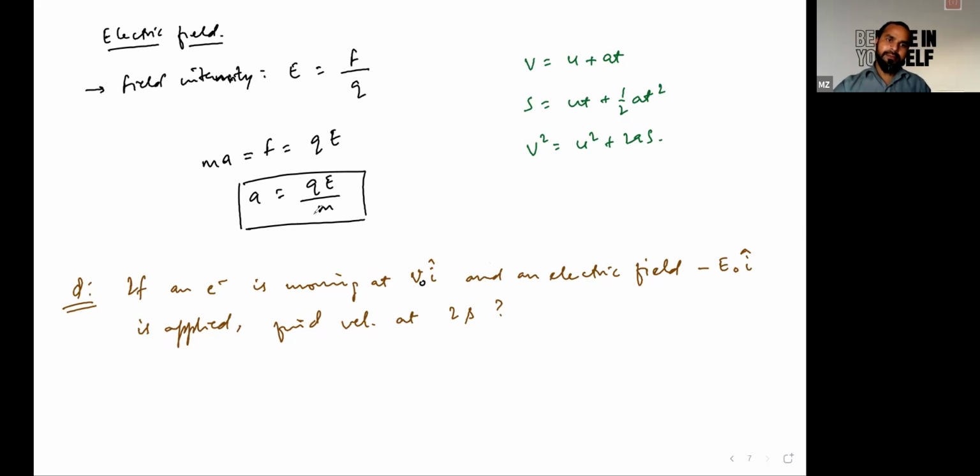Just take the mass as m. Just use the first equation of motion, put in all the values and try to simplify them.